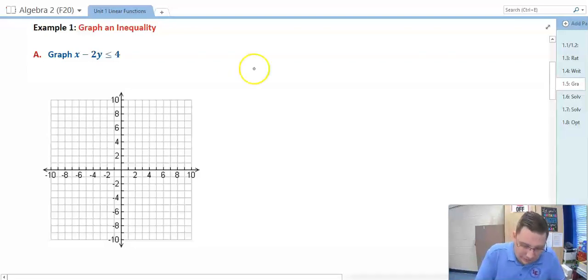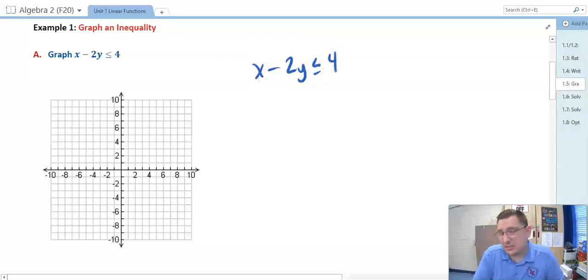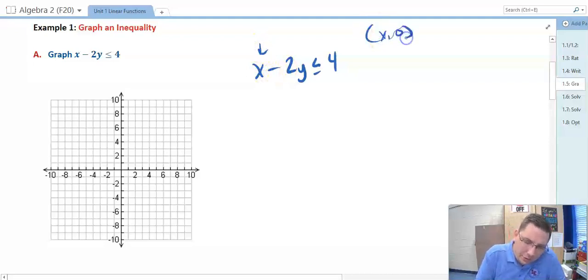And so if I want to find the intercepts, so x minus 2y less than or equal to 4, for the line itself, we can pretend that this is an equal sign for a minute, and then we'll deal with where the shading and what type of line it is. So if I'm looking for the x-intercept, remember that the x-intercept is an ordered pair x comma 0.